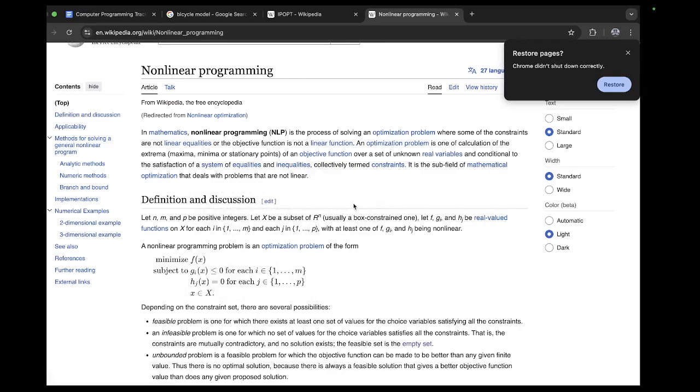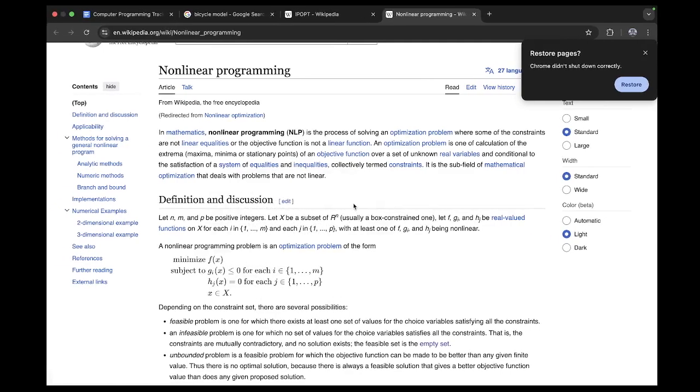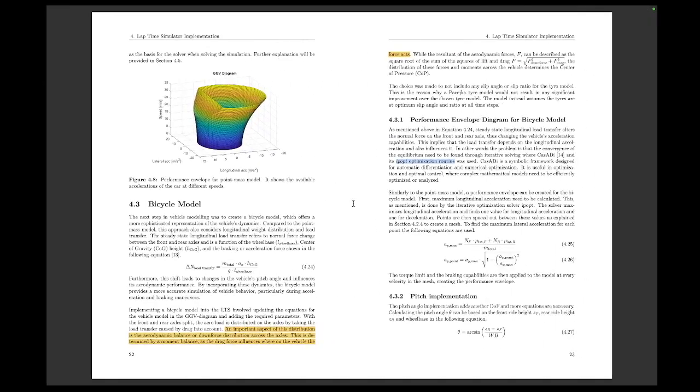It's a nonlinear function and we're optimizing. What are we optimizing? The maximum longitudinal acceleration value.